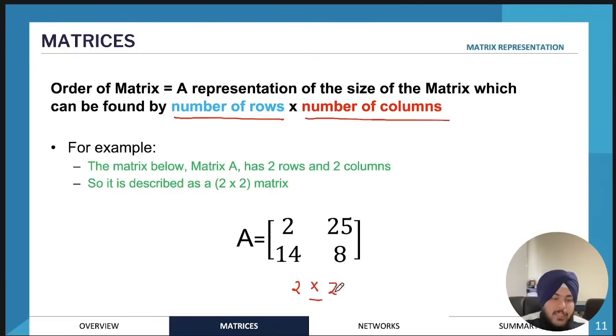So 2 by 2 is the order of this matrix. The answer is not going to be 4. We just write it in the form 2 times 2 or 2 by 2. This is just a representation of the size of the matrix, because if we were to have a really large matrix, that would have a really high number of rows and columns.